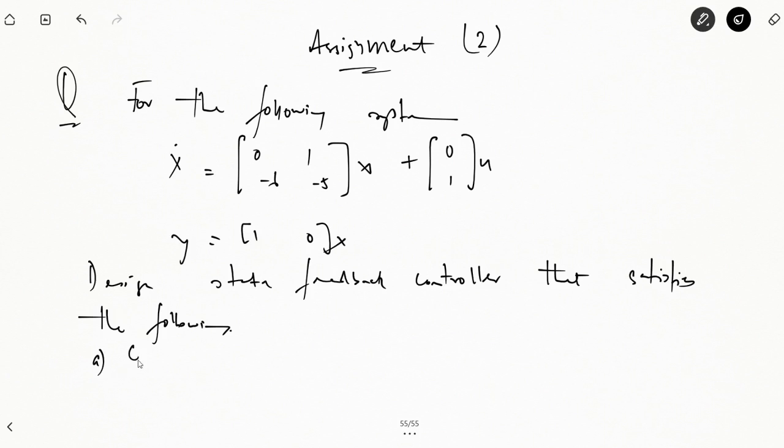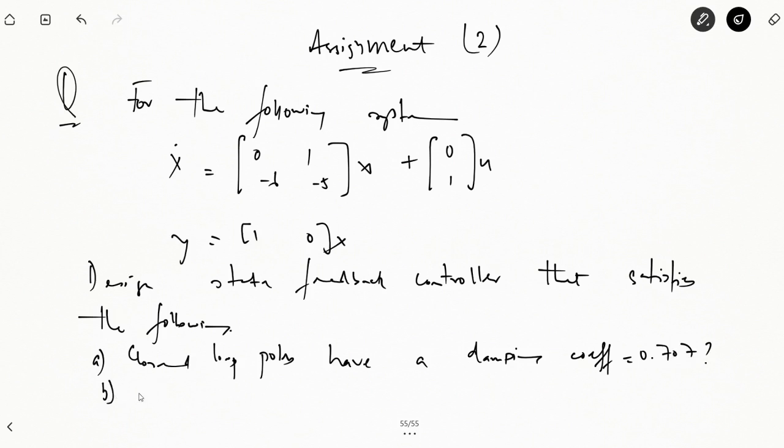A. Closed loop poles have a damping coefficient of zeta equal to 0.707, and also its step response peak time, that's peak time not peak overshoot, is 3.14 seconds.